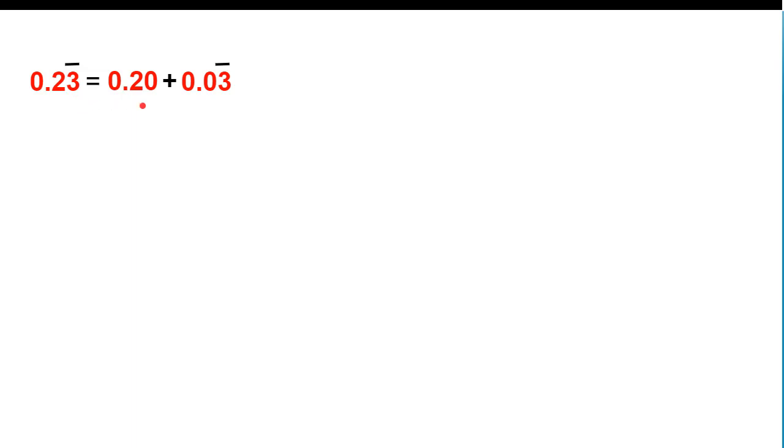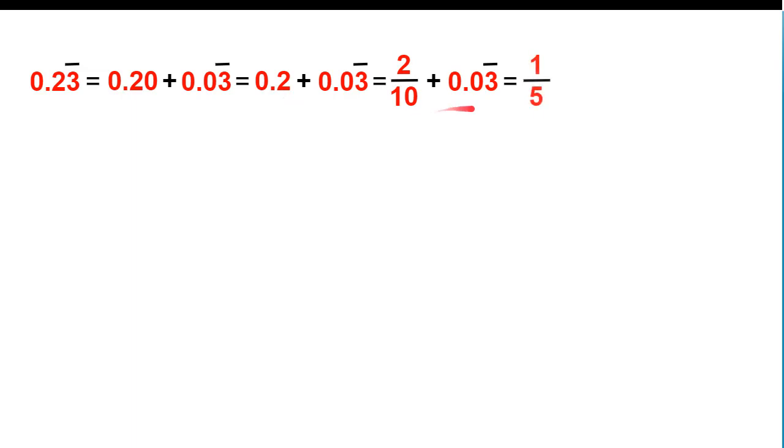The same thing. Now we all know that 0.20 is 0.2. So this remains the same. And we all know that 0.2 is 2 over 10, which is 1 over 5. The recurring decimal remains the same.